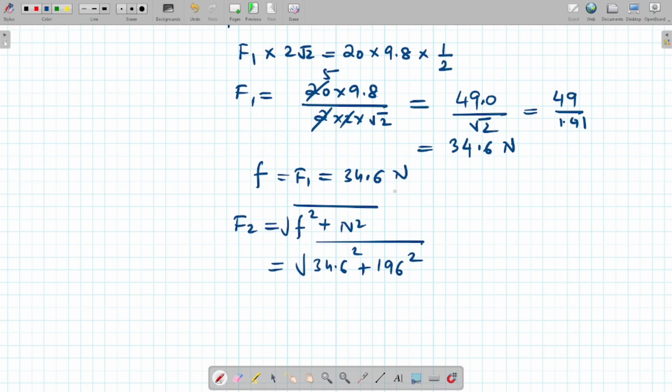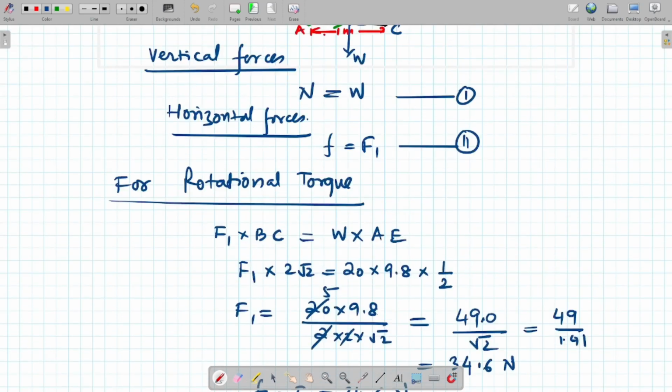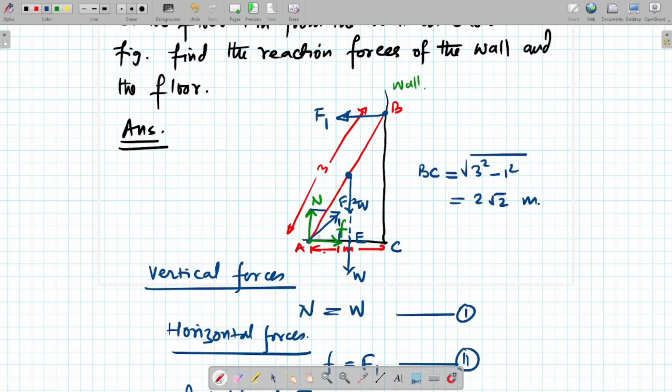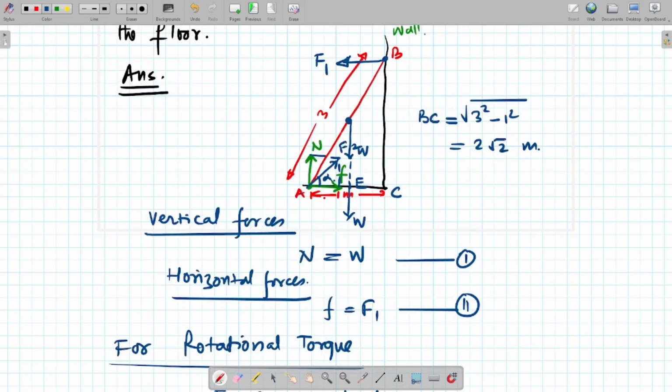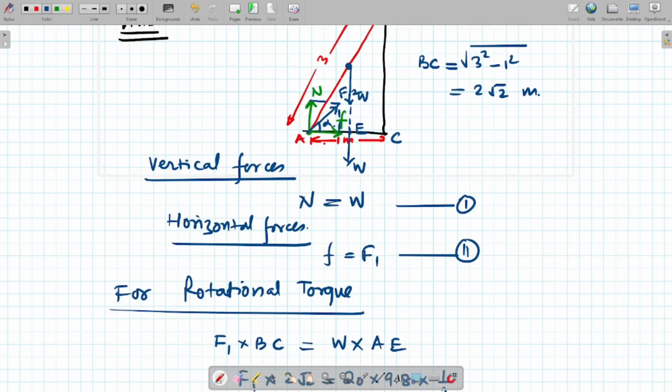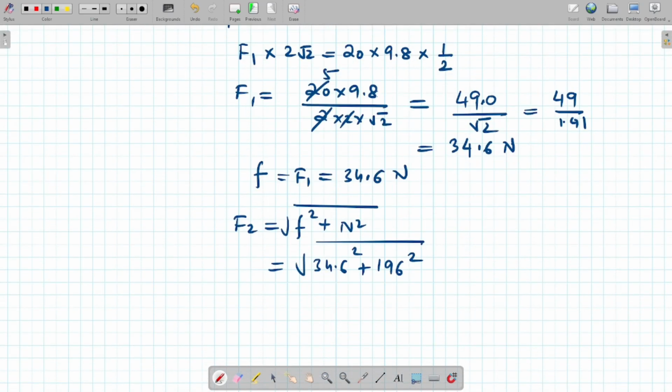Also if you want to know what is the angle with respect to horizontal, इसको अल्फा ले सकते हैं, yes. So tan alpha will be N by small f. So for tan alpha, we'll get tan alpha as capital N upon f, which is 4 under root 2, which is 5.65.